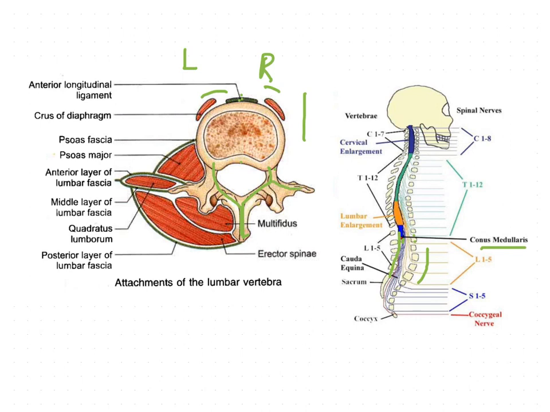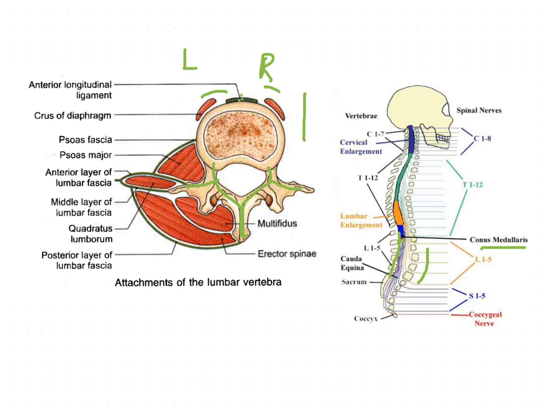From this you get the transverse processes and the articular facets. So how is this arch related to the structures, or what attachments are there with this vertebral arch?